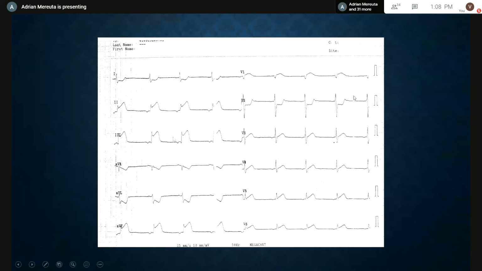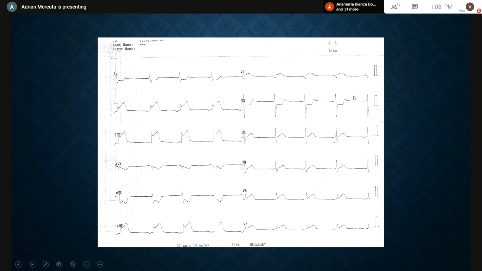But this is bradycardic for sure, because even though we don't see the grid that well, we can see that here has to be 60. That means it's about 40 something.